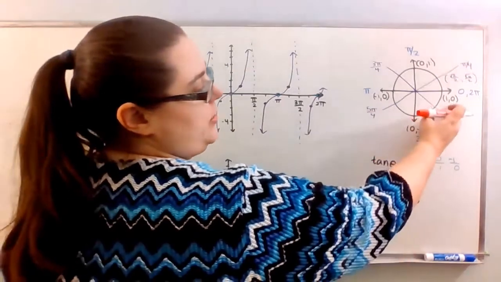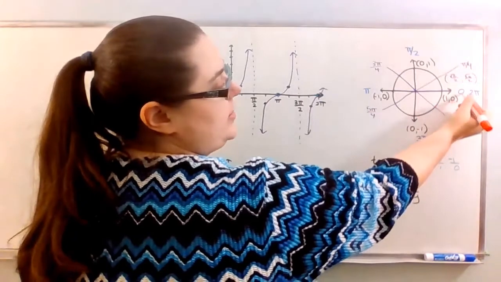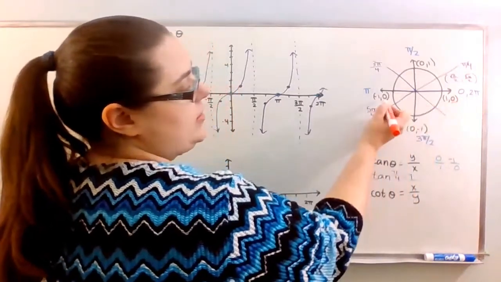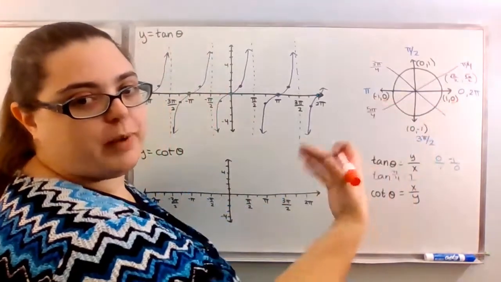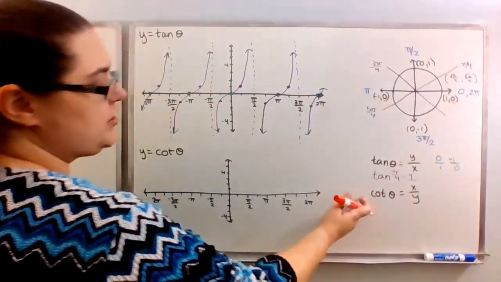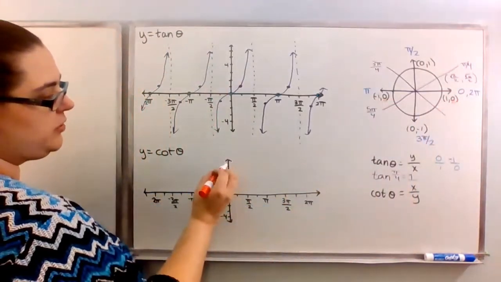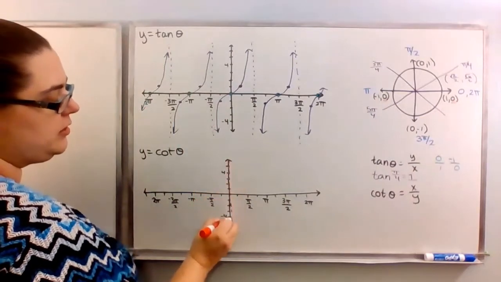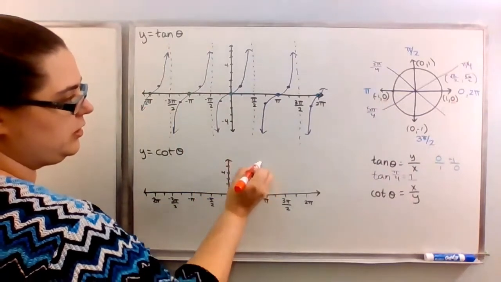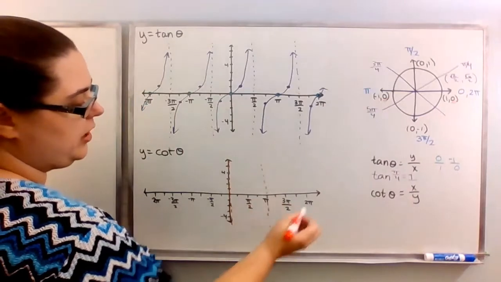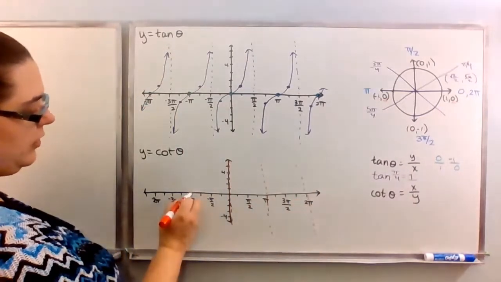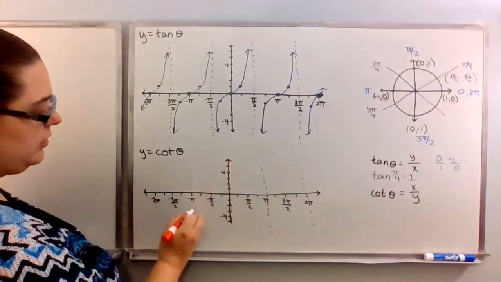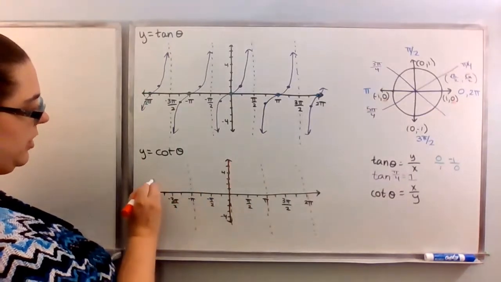So the y value is 0 here at 0, and it's 0 here at pi, 2 pi, 3 pi, 4 pi, 5 pi, so on. So the cotangent function is going to have asymptotes at the pi's. So here at 0, here at pi, 2 pi, negative pi, and negative 2 pi.